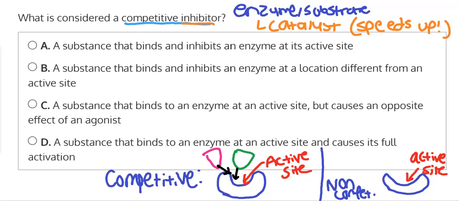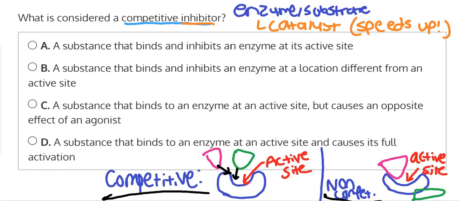The difference between that example of the competitive inhibitor and the non-competitive example would be that, when you have your substrate that wants to go into that active site to form the reaction, you have another molecule that goes somewhere else. Let's say over here, it's able to bind.